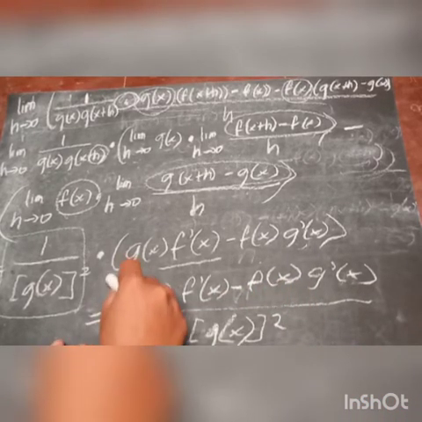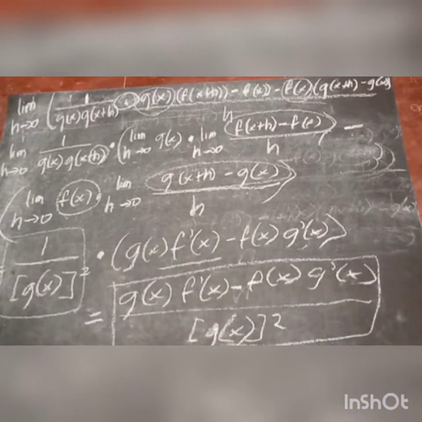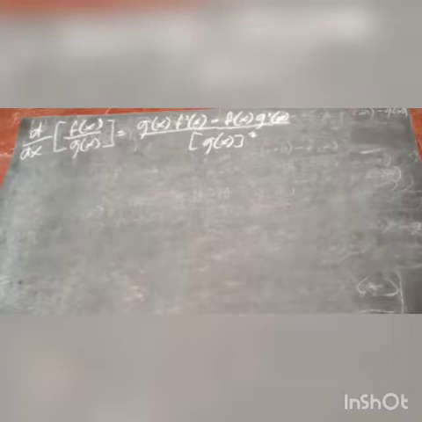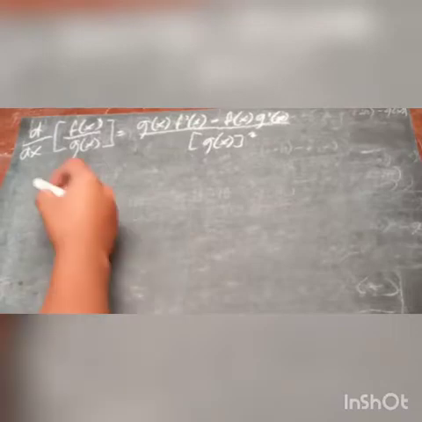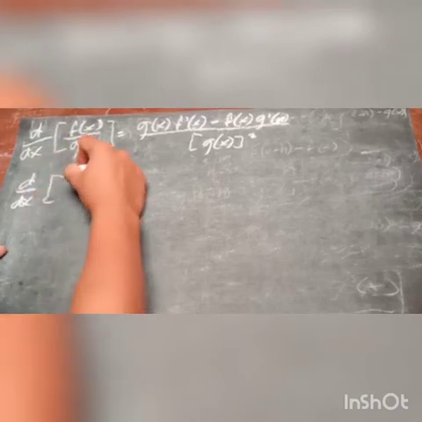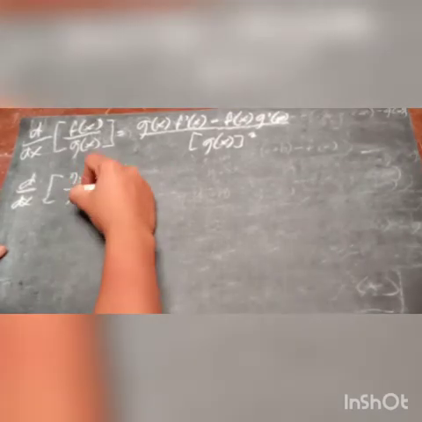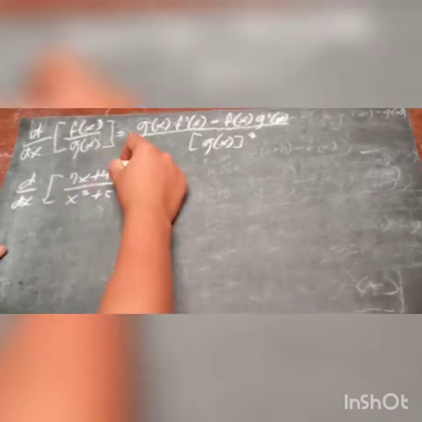And we have now completed the proof of the quotient rule. For example, we want to find the derivative of 7x plus 4 over x squared plus 5.